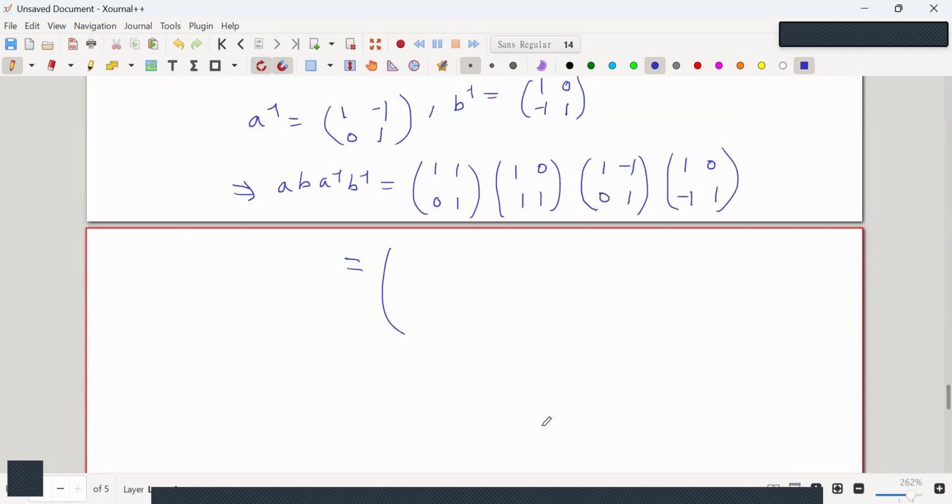Let us first multiply these two. What will you get? This will be 2, 1, 1, 1. Please check the calculation if I'm doing anything wrong. Then we can multiply these two. Any doubt, Prerna?